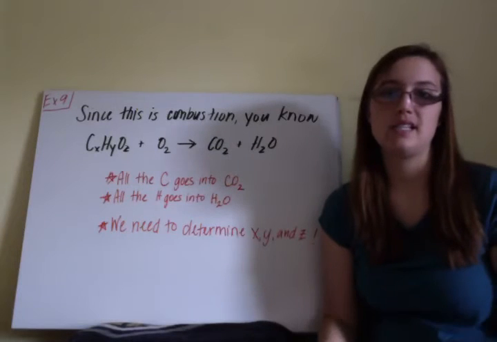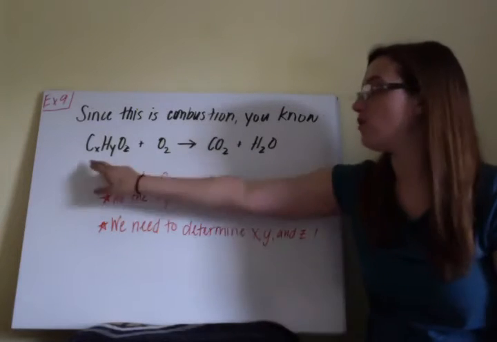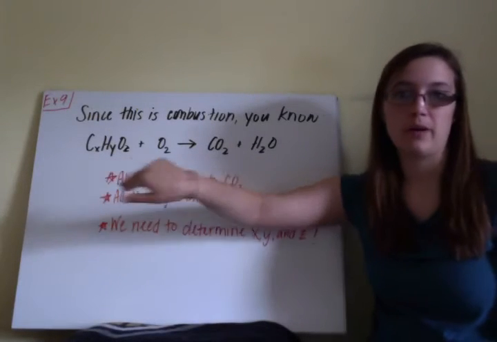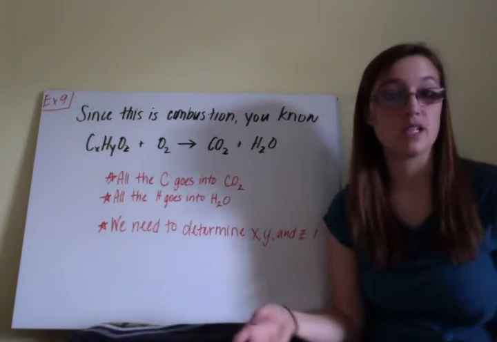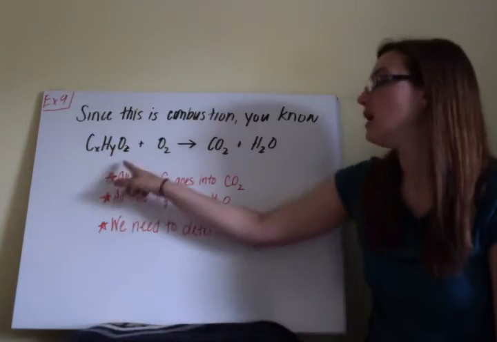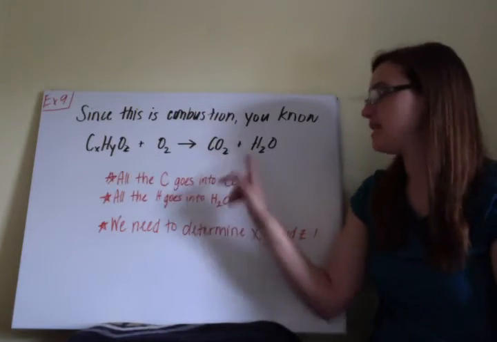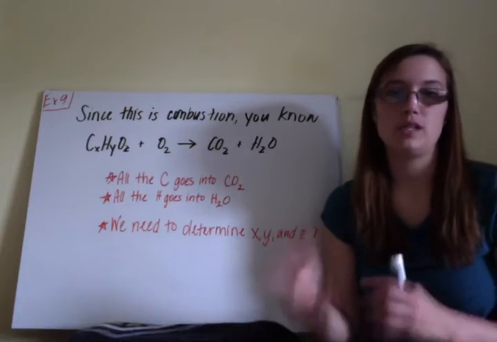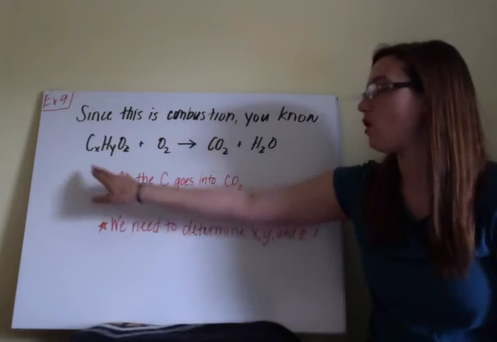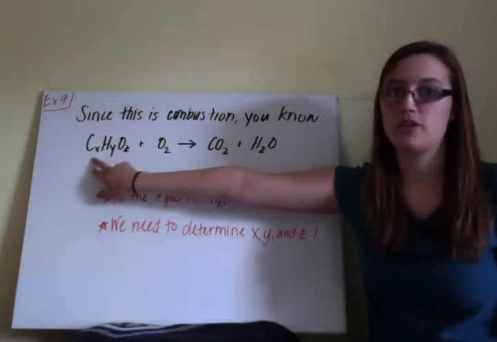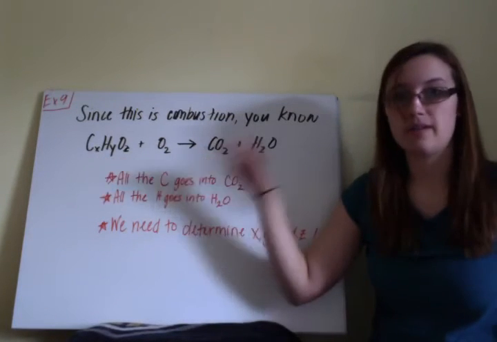So since this is combustion, we know that this unknown hydrocarbon, right, I used X, Y, and Z for our subscripts because we don't know them, is added to oxygen. Okay, it's combusted and it makes CO2 and H2O. So some things to make note of. All of the carbon from this hydrocarbon goes into carbon dioxide.